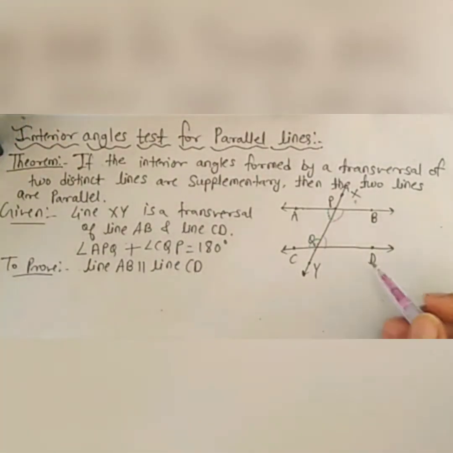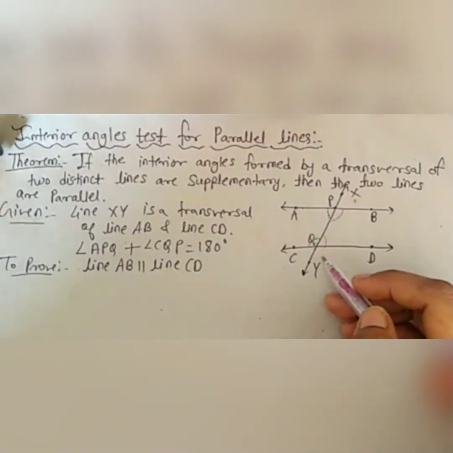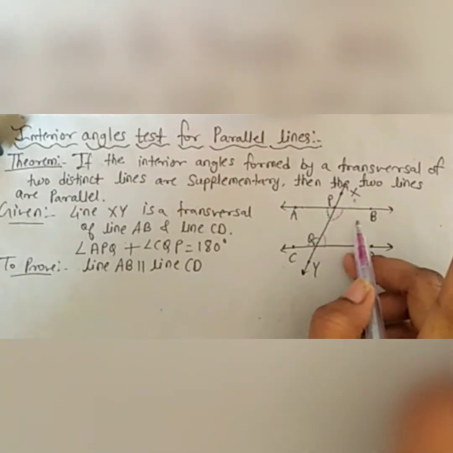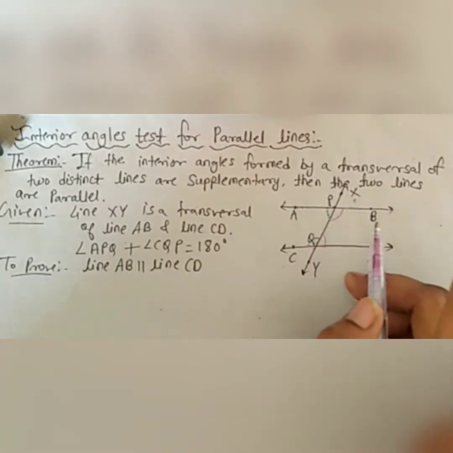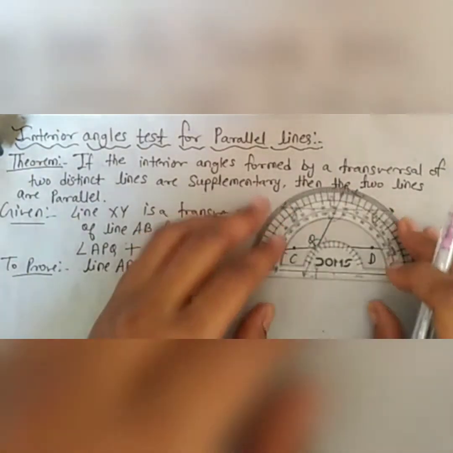Listen, we can prove this by a direct method. There are two methods to prove this problem. One is the direct method and the second one is the indirect method. In the direct method, what will we do?